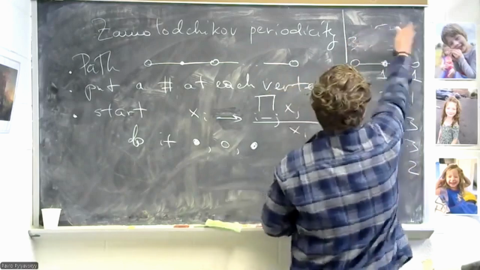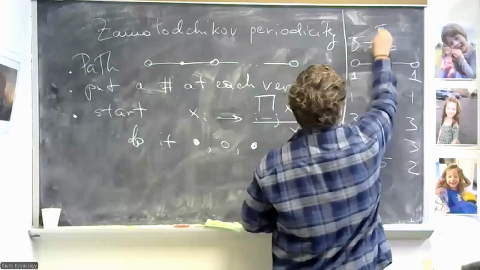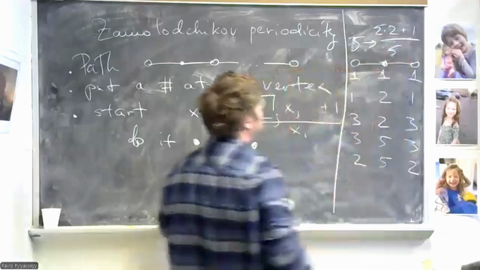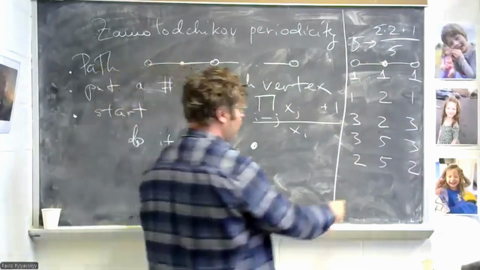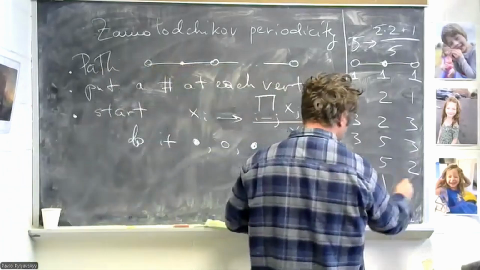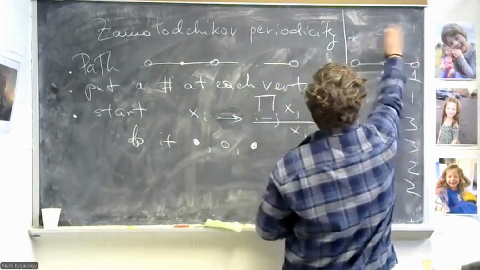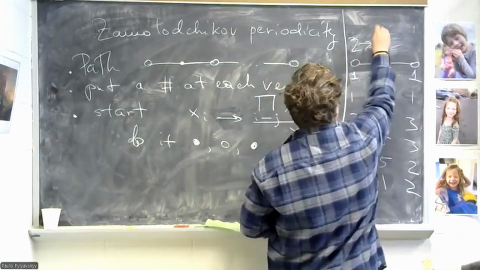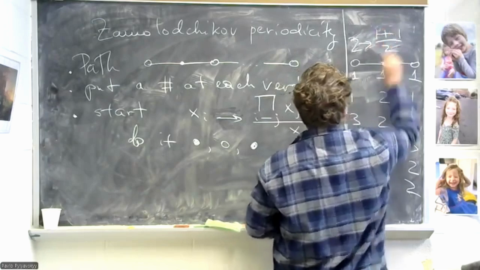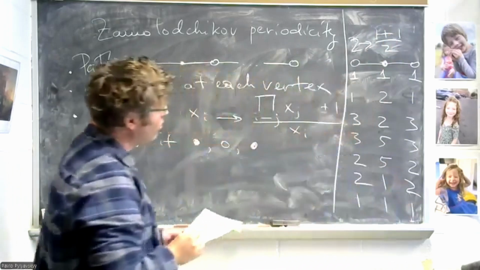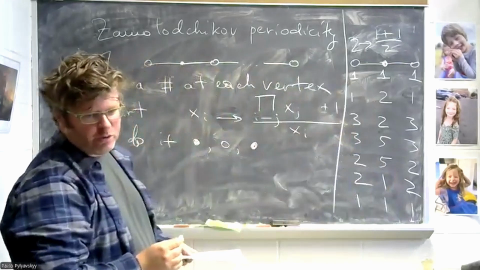And then 5 changes into 2 times 2 plus 1 divided by 5, which is 1. And then finally, each of the 2's changes into 1 plus 1 divided by 2, which is 1. So we came back where we started.